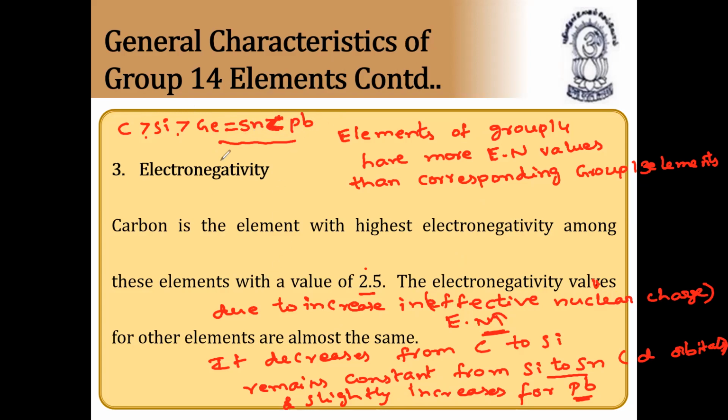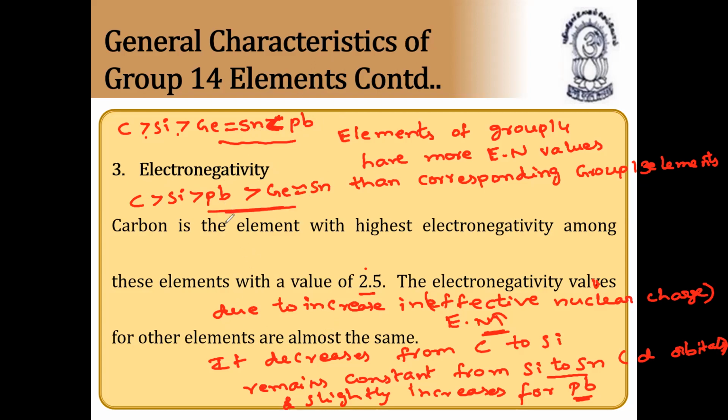Lead has more when compared to germanium and tin. So straight away we can write the decreasing order: carbon, silicon, lead, germanium equal to tin. This is the final order.